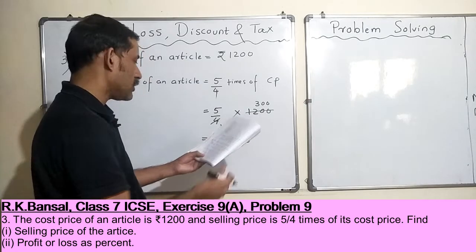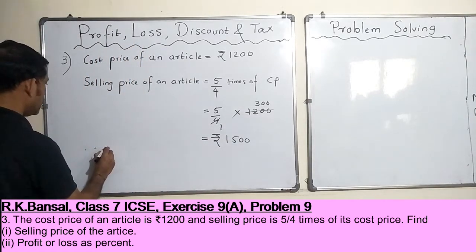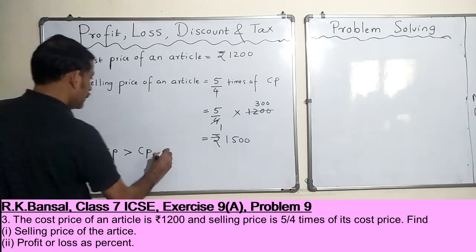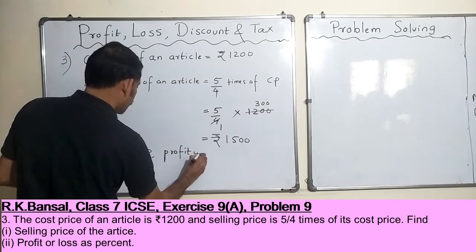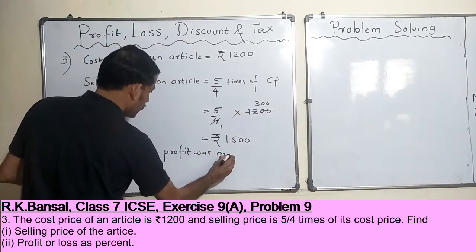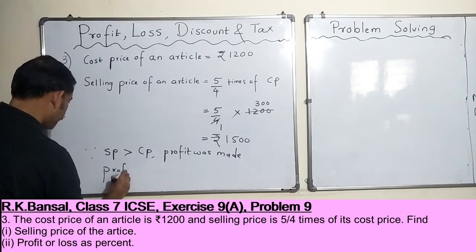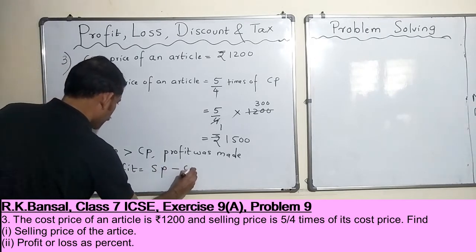Now profit or loss as percentage, okay. So now since SP is greater than CP, profit was made. Okay, so we made a profit, it wasn't a loss. So profit is what? Selling price minus cost price.